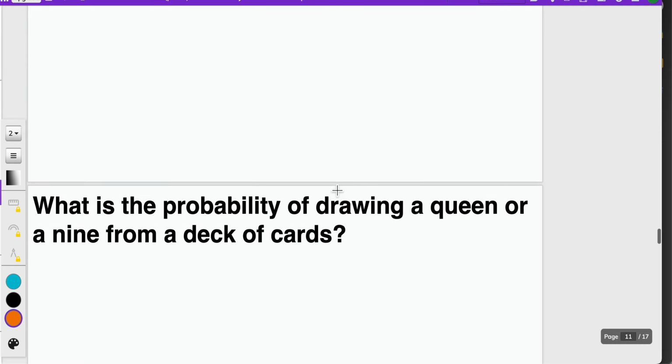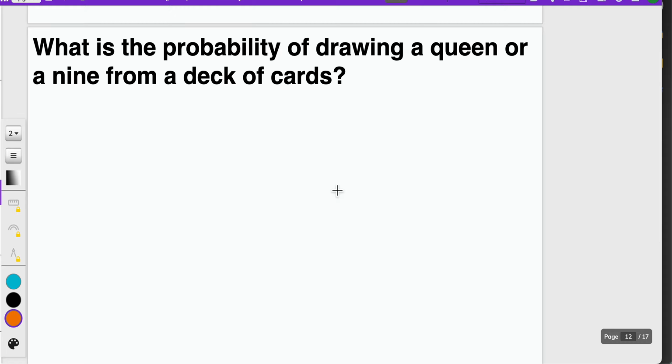Okay? What is the probability of drawing a queen or a 9 from a deck of cards? A queen has 4. So queens, we have 4 queens. And 9s, we also have 4 of those.